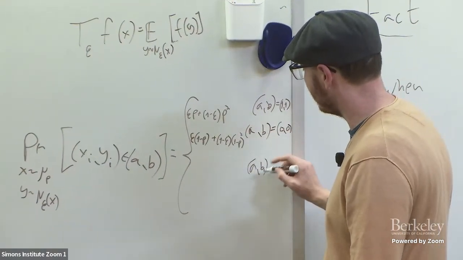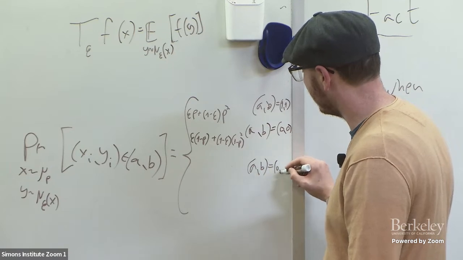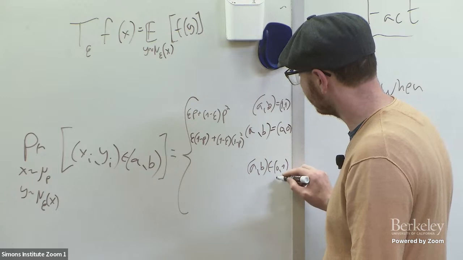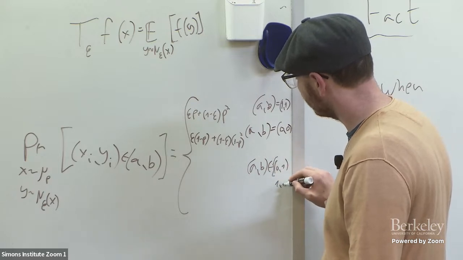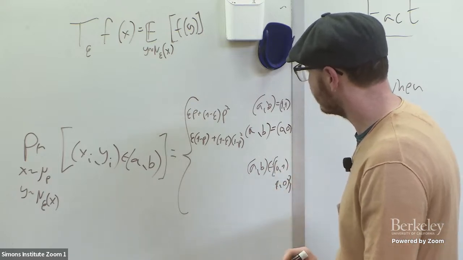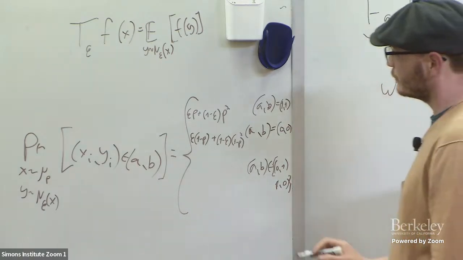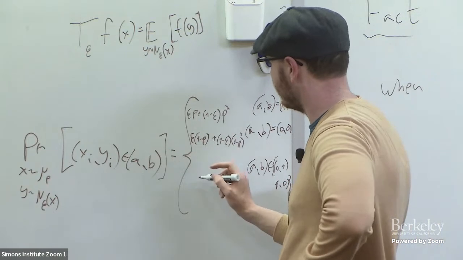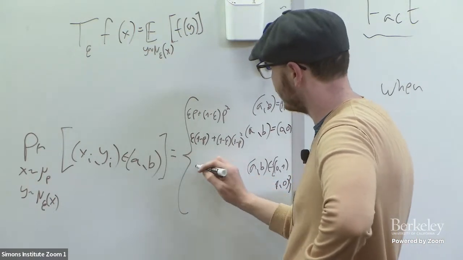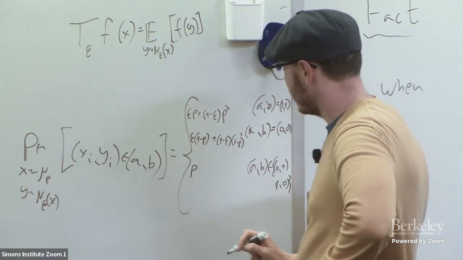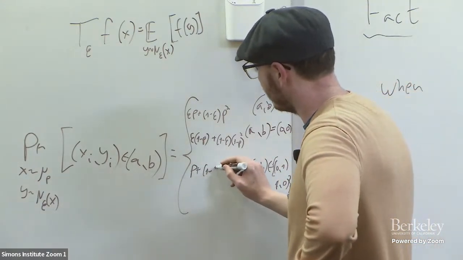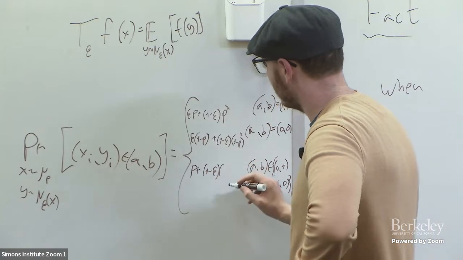And you have the case where (a, b) is either (0, 1) or (1, 0). Let's look at (1, 0). So it's going to be p, and then we have to forget it, and after we forget it, we have to be lucky.